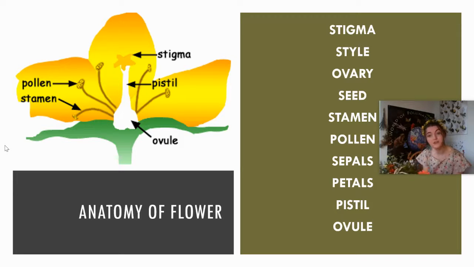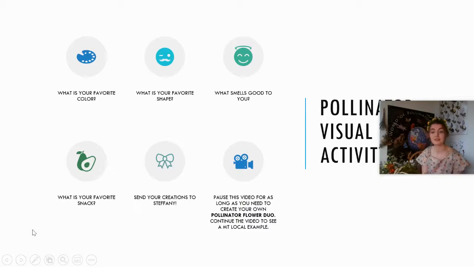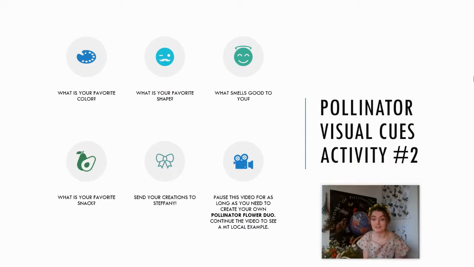And you can paint along with me, you can color along with me, and we're going to be releasing some coloring pages as well for you to follow. But basically, the stigma, which is in this upper corner here, this is what collects that pollen and will create a seed.